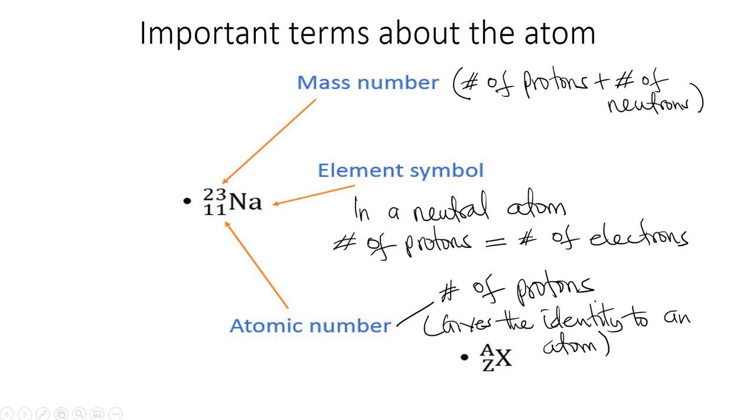So if you are told that this atom is neutral, and you are given a symbol like this one, and here you have an atomic number of 11, which means 11 protons, that will tell you also that you have 11 electrons based on this statement. So you need to write down this information.